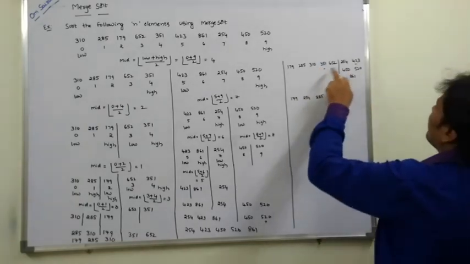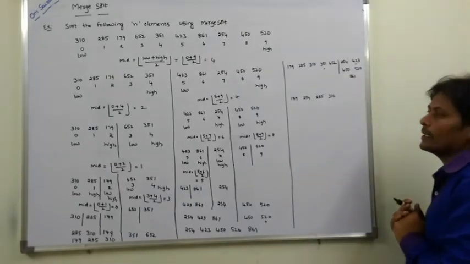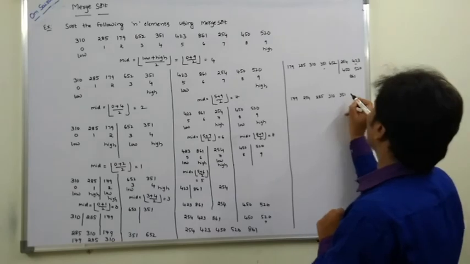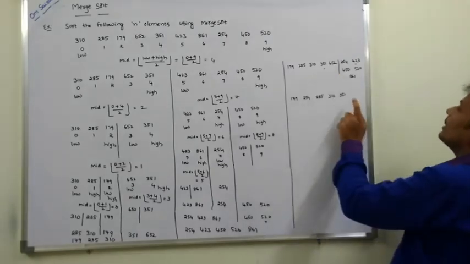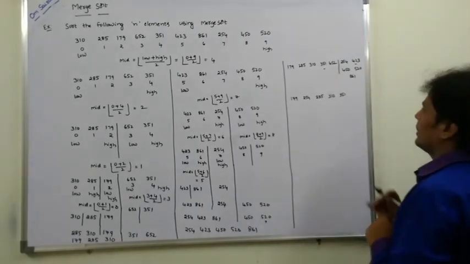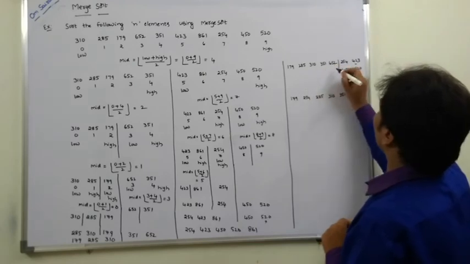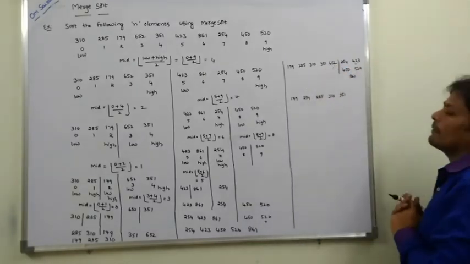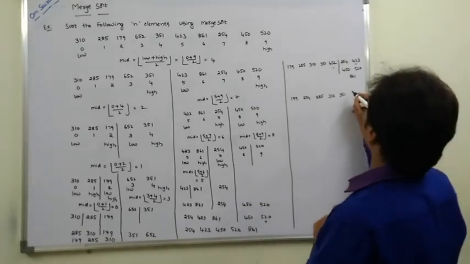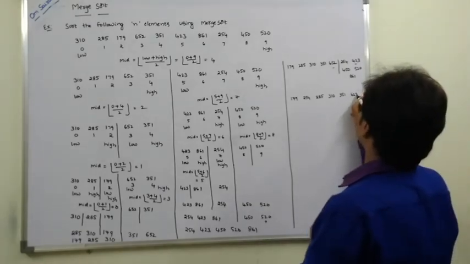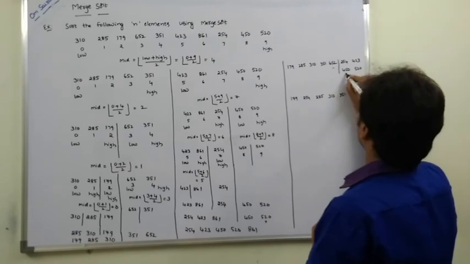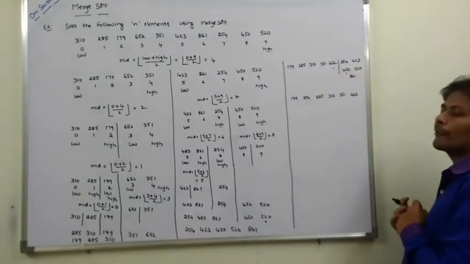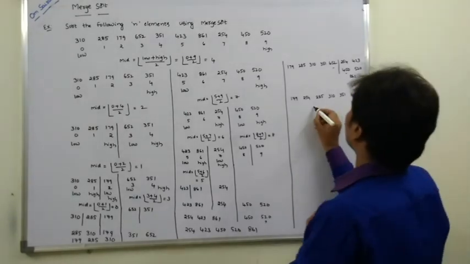Next, 351 is compared with 423, which is lesser value. So 351 is the lesser value. This value is put in new sorted array. So again this is incremented to this value. Next, 652 is compared with 423, which is lesser value. So 423 is the lesser value. So then it is incremented to this value. 652 is compared with 450. 450 is the lesser value.